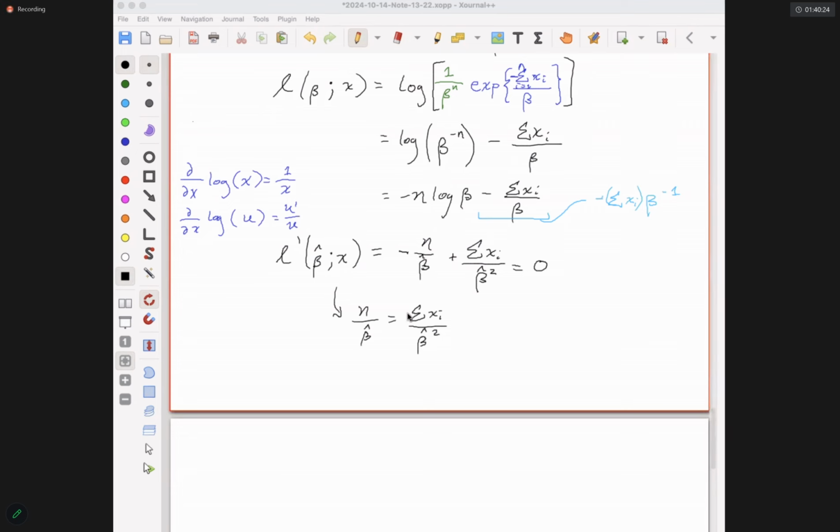And then we can multiply by beta hat squared on both sides. So you have n beta hat is equal to the sum of the xi's. And so beta hat is equal to the sum of the xi's over n, which is x bar. Does that make sense?